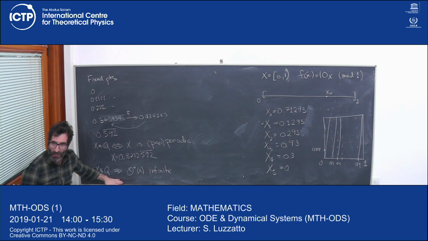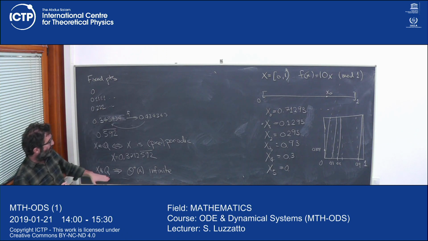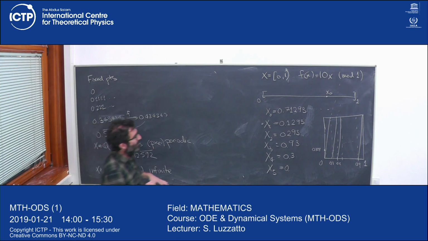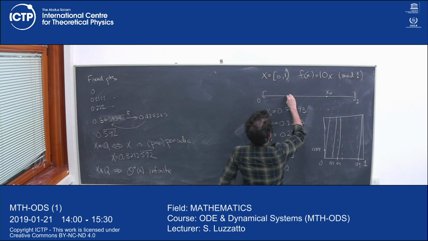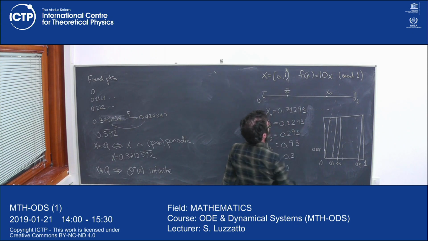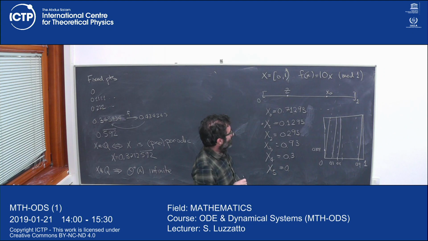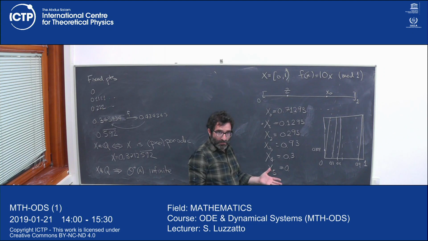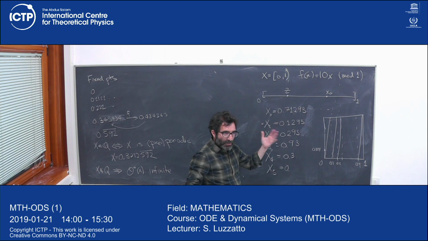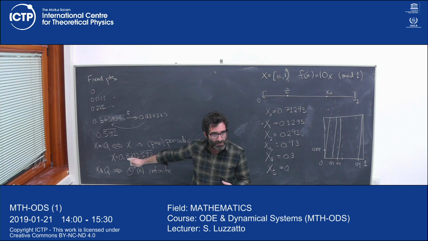We're going to study a little bit, try to understand what the possible structure of these orbits is. But first of all, if you take an arbitrary point z here, if it's rational, then it's periodic or pre-periodic. We've established that.